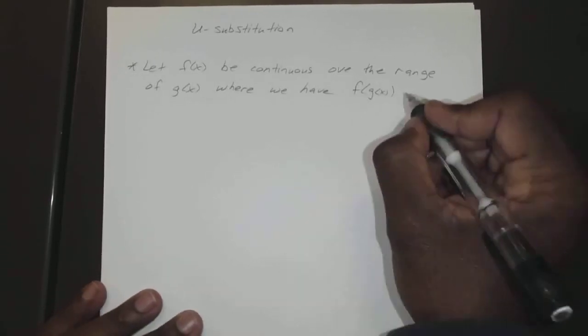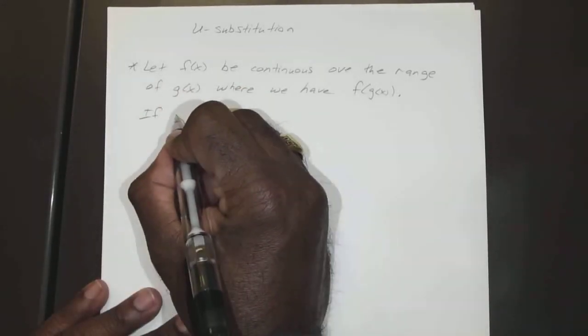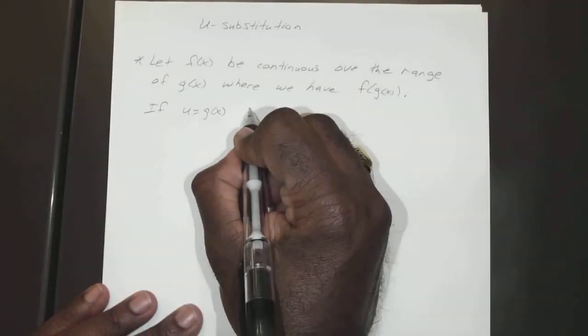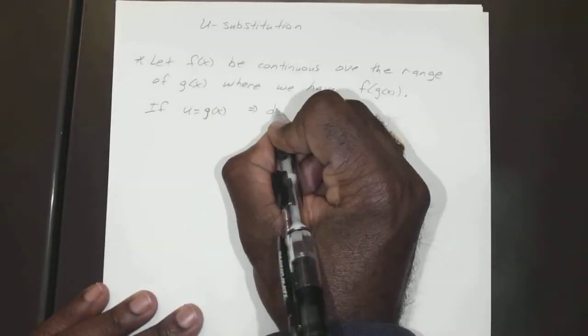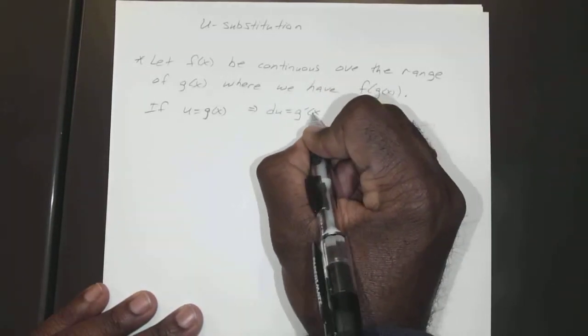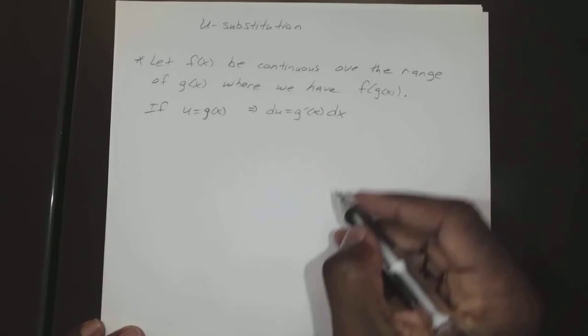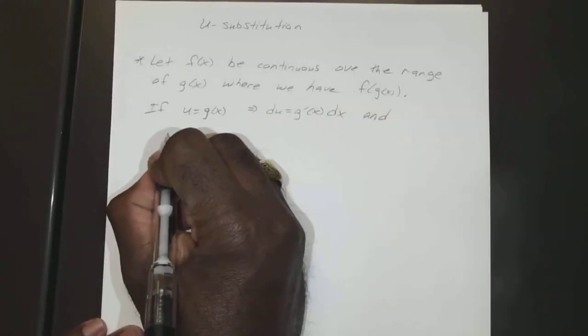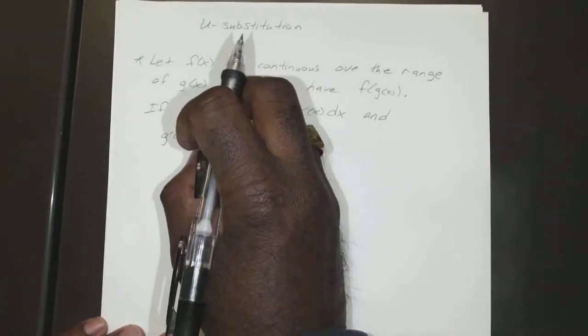So you really just have a function within a function. Let's say we let u equal g of x, then the derivative, du, equals g prime of x with respect to x. We're solving using the differentials. And our g prime of x is continuous over the entire interval.